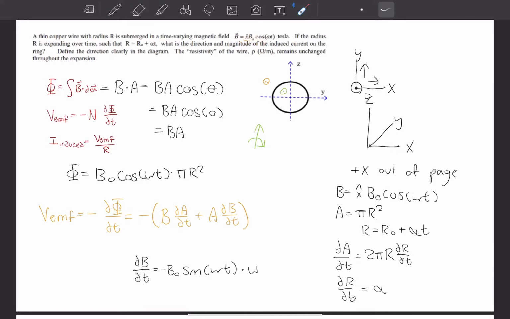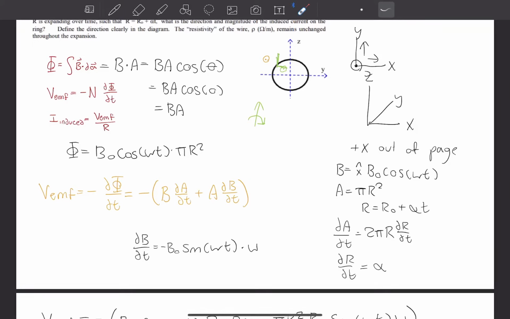And so if our B field is pointing out of the page in the positive x direction, and the flux through our loop increases, then the change in flux is going to want to create a current in the counterclockwise direction. However, remember, Lenz's law says we don't like that change. We want to fight that change. We don't want that increase in flux, and we want to come back to how we were seconds ago before the change in flux occurred.